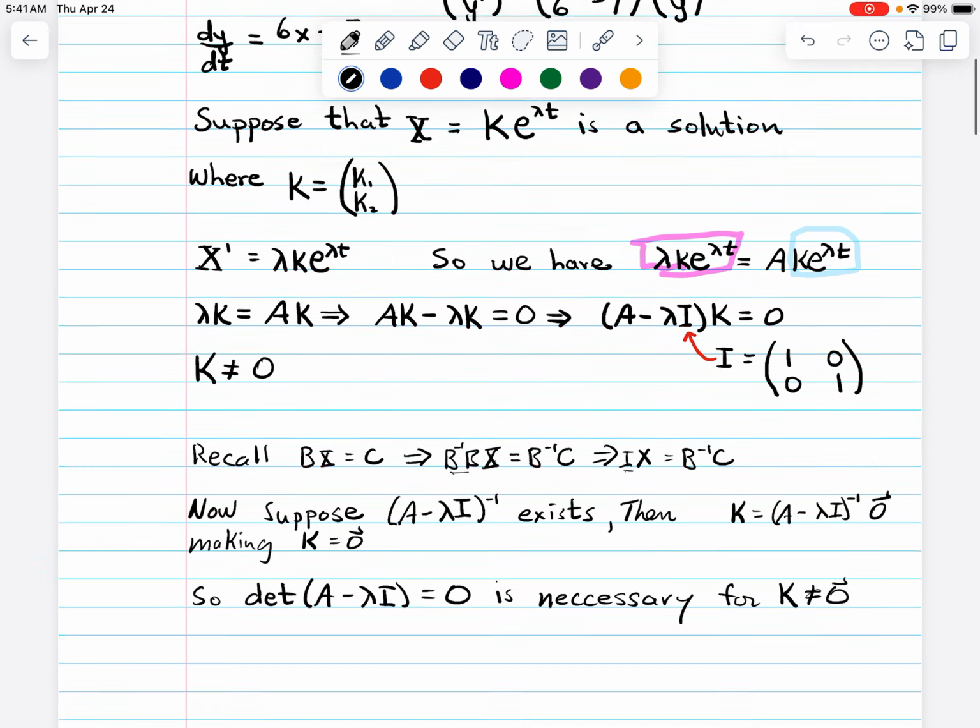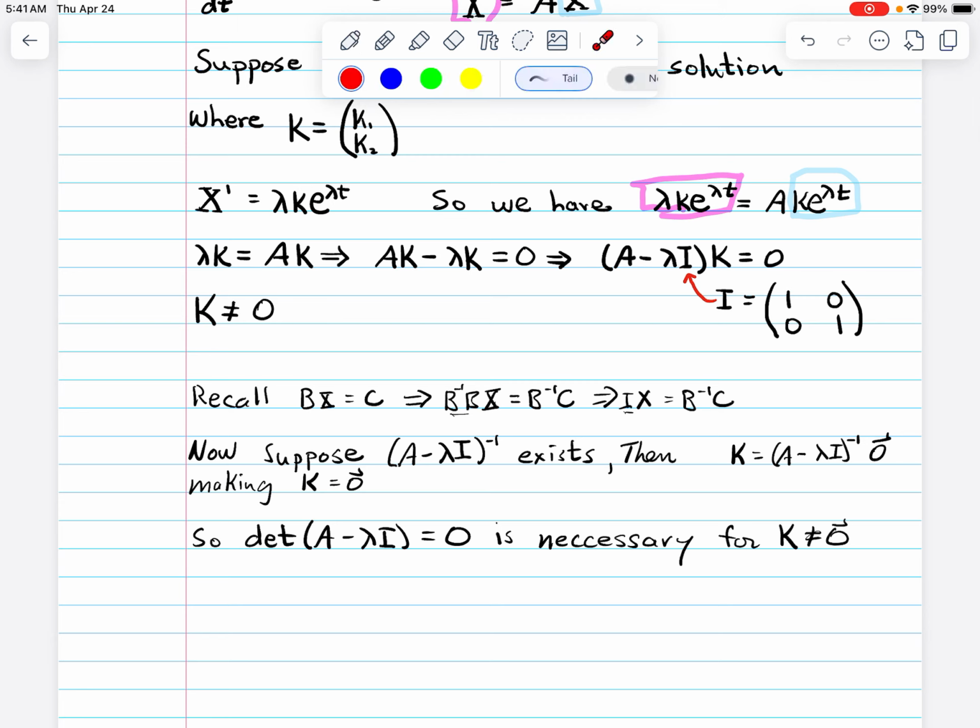Now, suppose that for this A minus lambda I, an inverse exists. Then you would say that K is equal to A minus lambda I inverse times the zero matrix, or the zero vector. In other words, you're solving this.